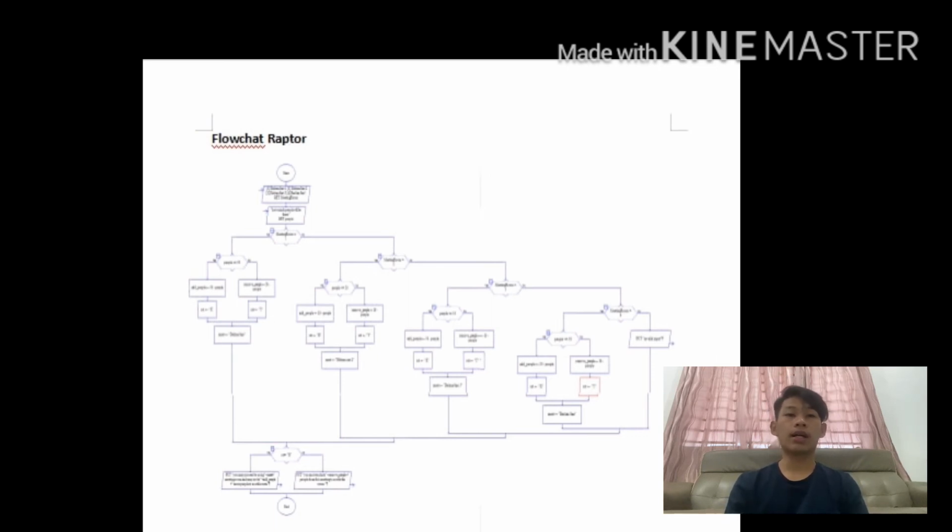For example, if we run for room 1, we put 1, and second, how many people will be there, we put 25. So it will go to meeting room 1, and if more than 30, it will go to the right, and if less than 30, it will go to the left. So the input result comes out at the left of the screen.